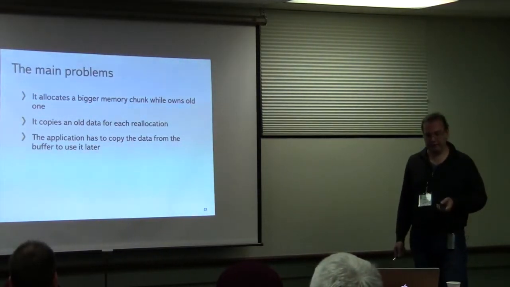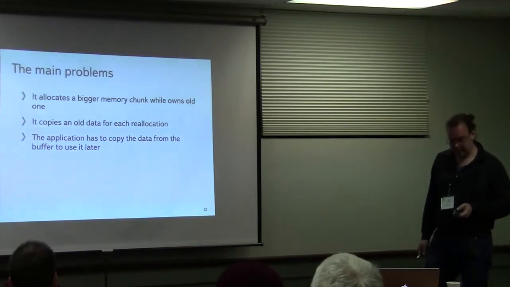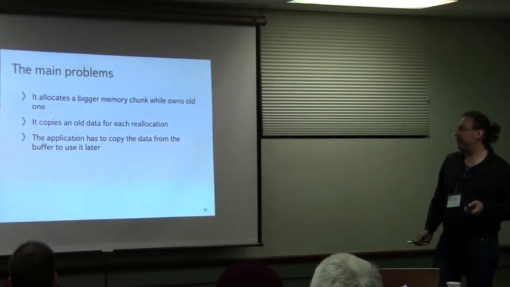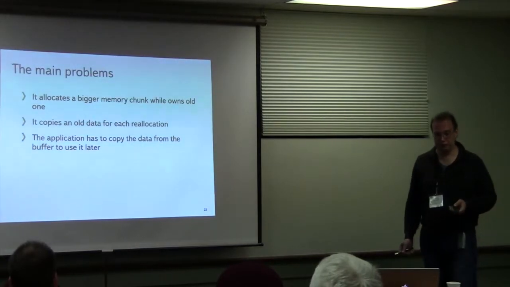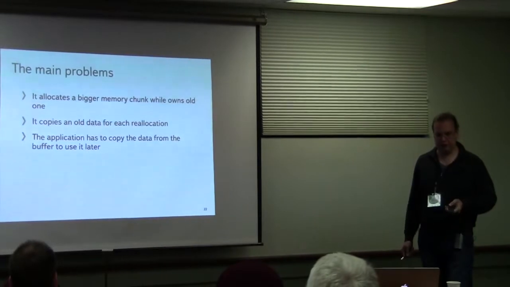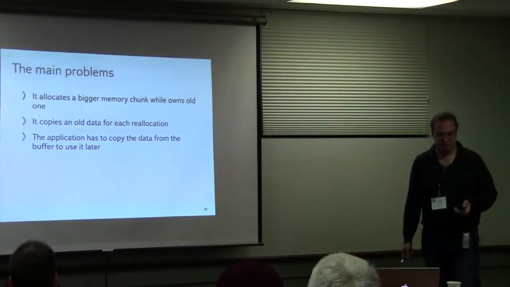Here we have CPU overhead. And the last one: the application has to copy data from the buffer before using it, because the buffer can be modified if we use a multi-threaded program.